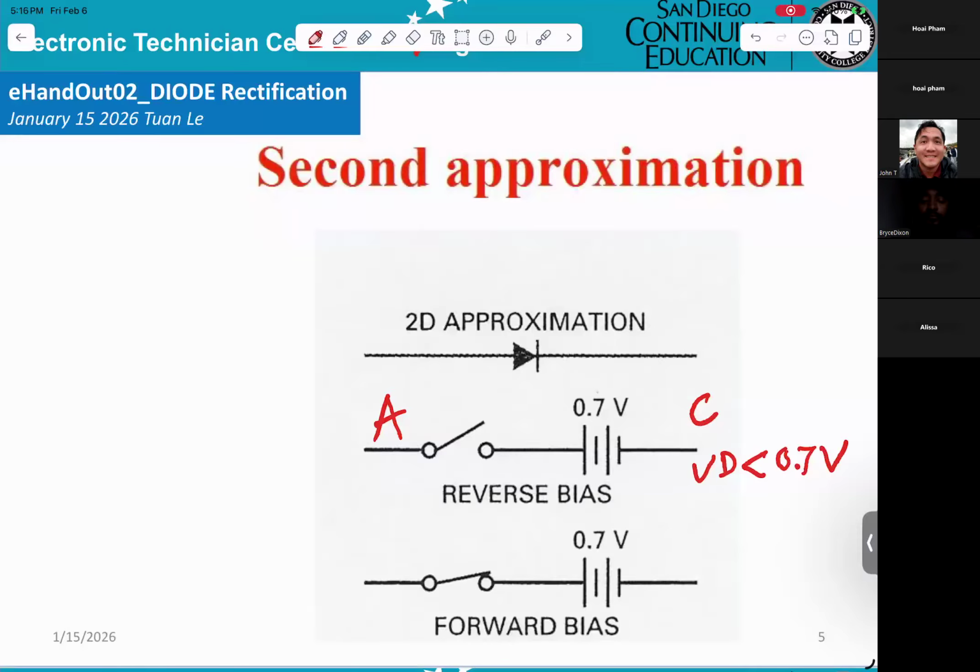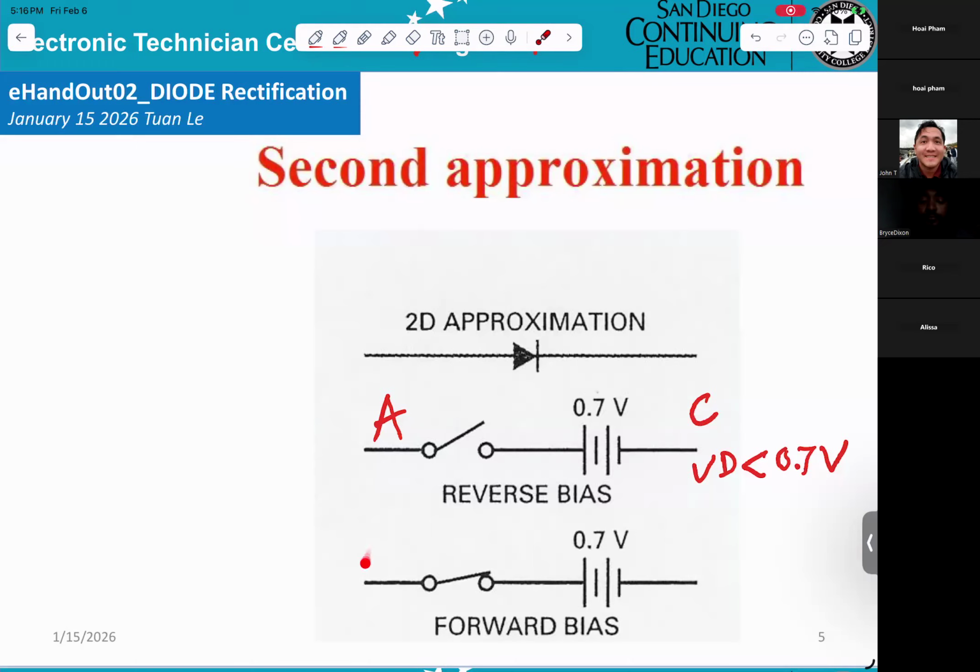If VAC or VD is less than 0.7, they open. Right here, they open, and that will be telling you no current flowing from A to C.